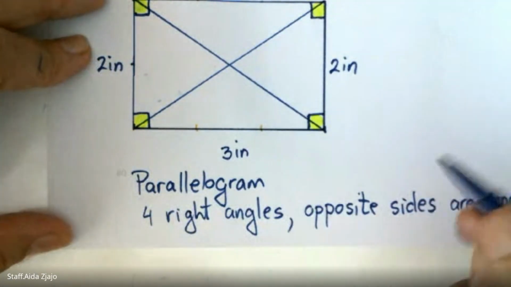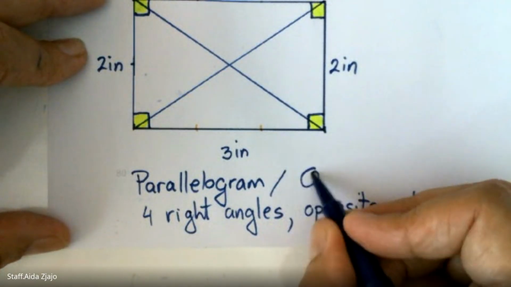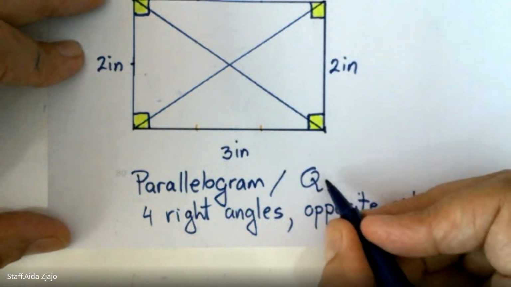Okay, and it's also a quadrilateral. We can say a parallelogram is also a rectangle is a quadrilateral.